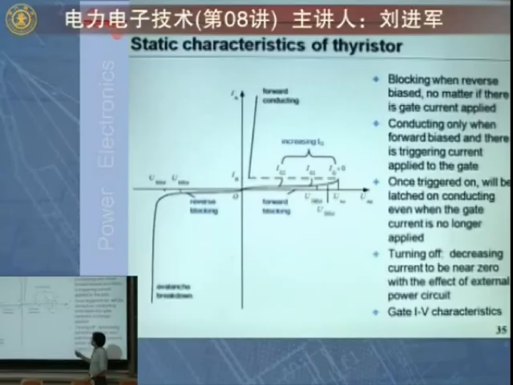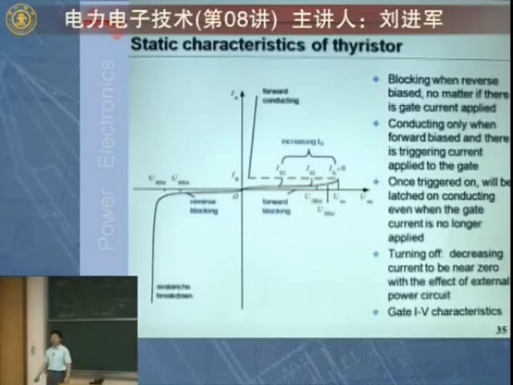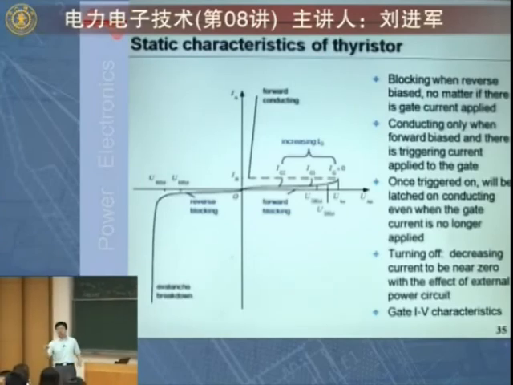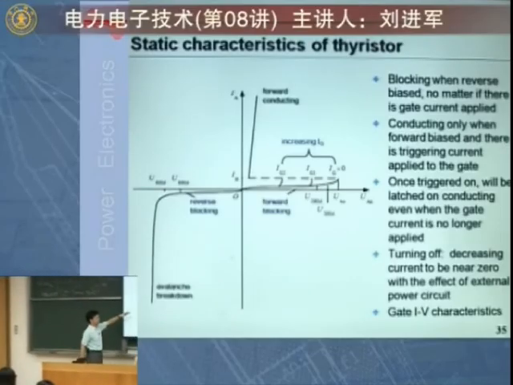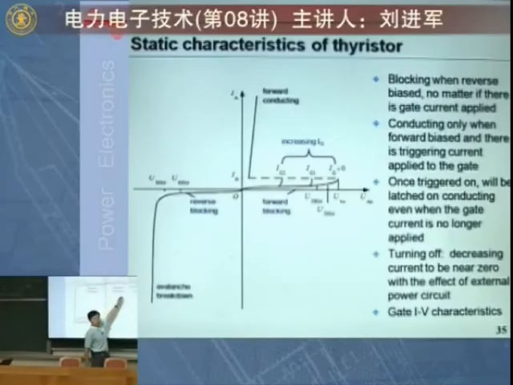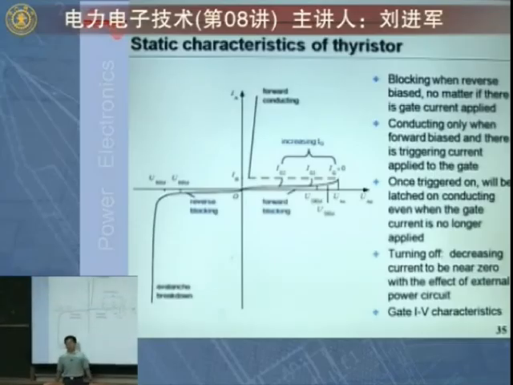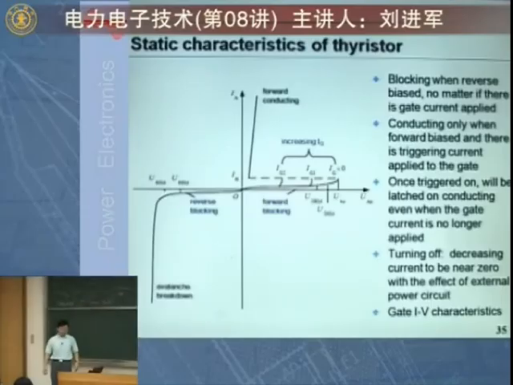This part is the difference between thyristor and diode, because thyristor is a half-controllable device. If you do not inject gate current, then that curve is moving along this horizontal axis. Even when you apply high voltage, there will be no current. Only when you inject gate current, it will be similar to a diode. So this part is quite easy to understand.